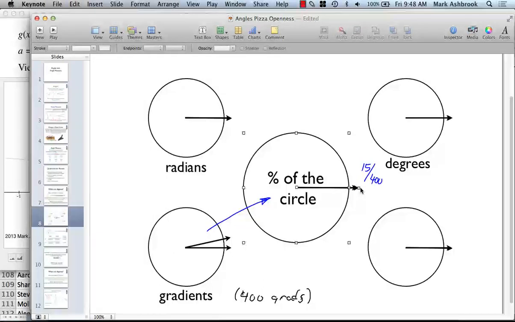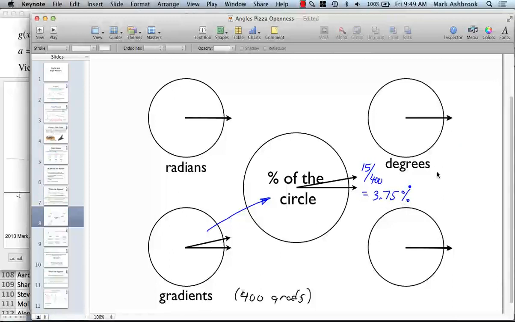What's going on? Something like that. And then what? Keep going. You choose whatever you want. For degrees, you take that answer and you multiply it by 360.